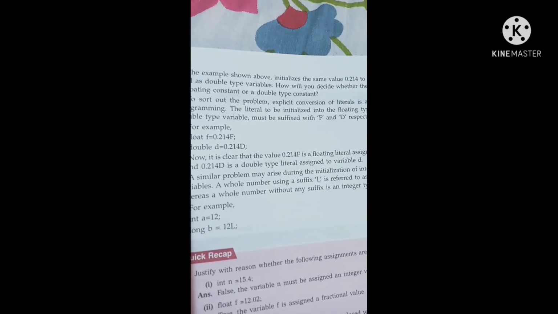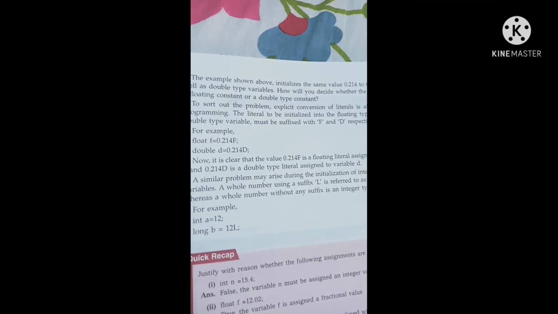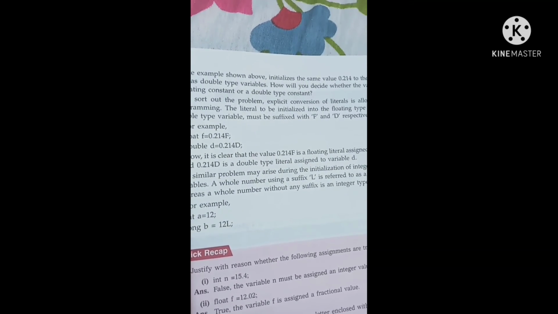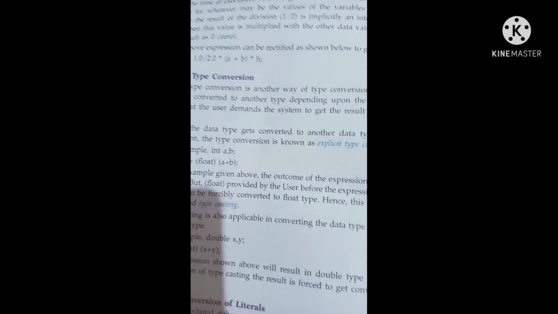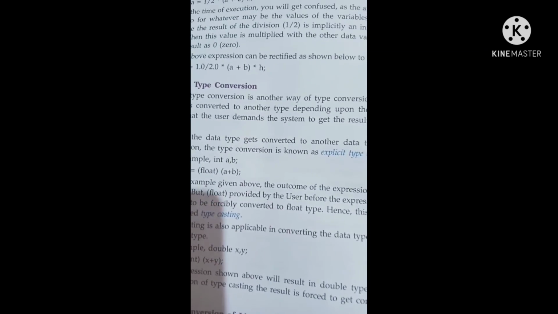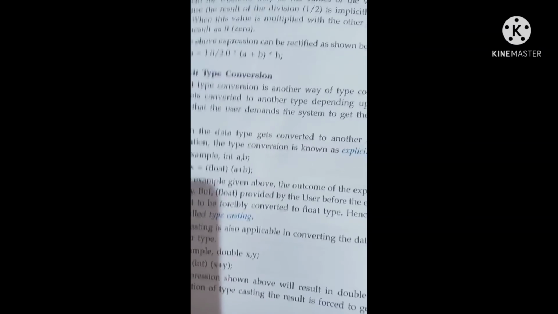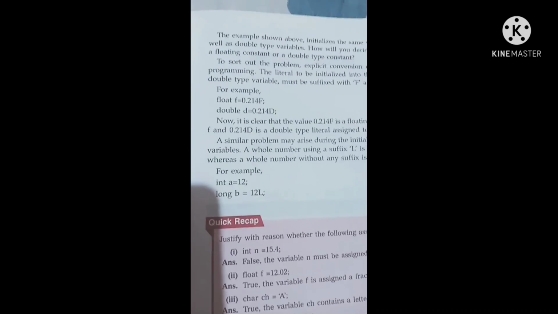Okay, and you can bring your data type forcefully. For example, if the highest data type value is double, then also you can write int and float. Okay, so I hope you understood this chapter properly.